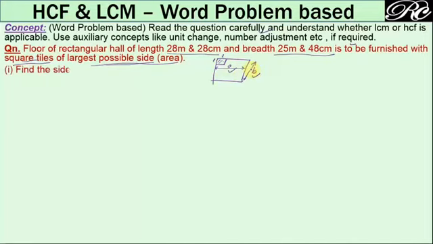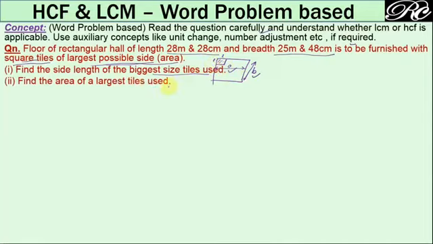So this situation is like this, and here we have to find (a) the side length of the biggest size tile that can be used, and (b) the area of the largest tiles that can be used.